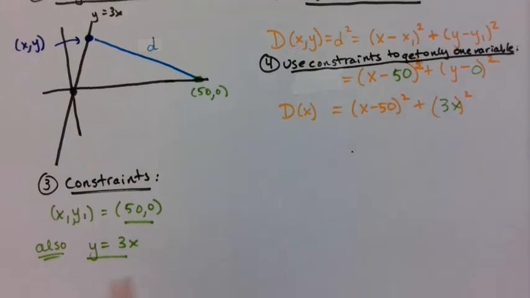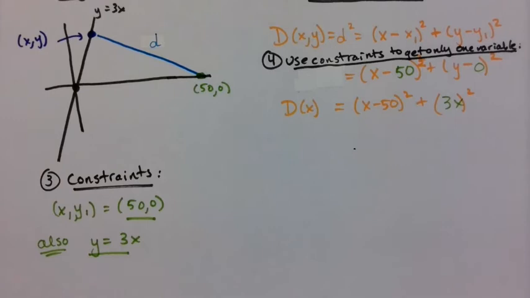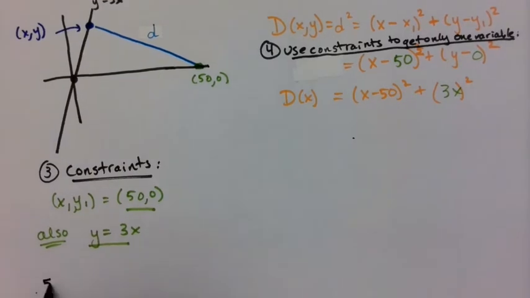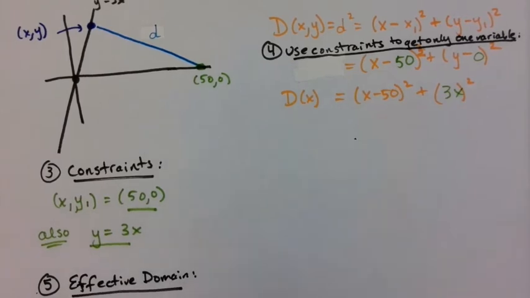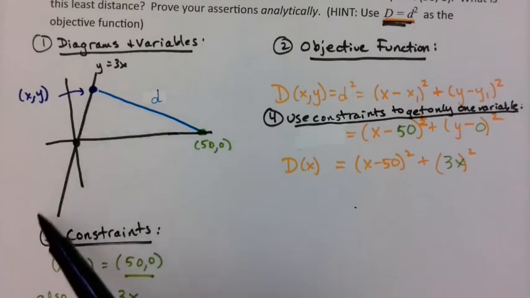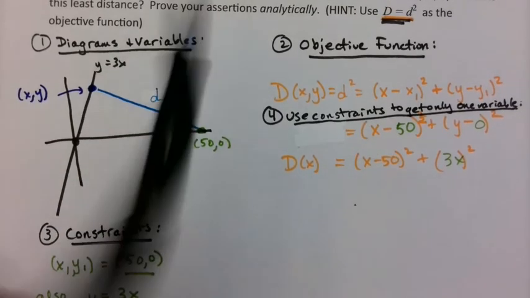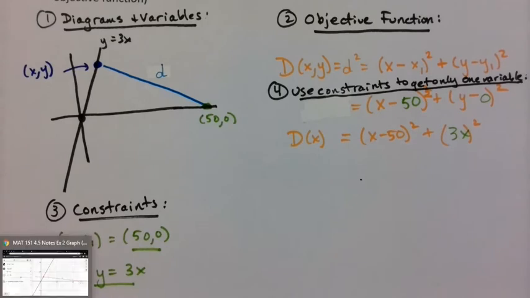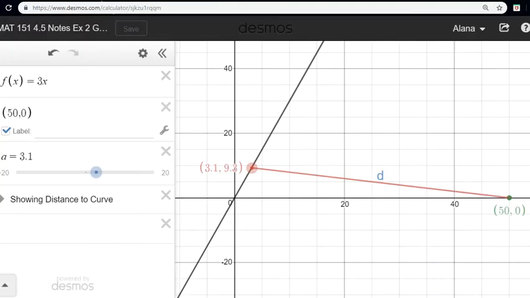So it's your choice. But before I go off and do that, I don't want to forget my effective domain. So I want to look at the x values and think, how am I restricted? And the answer is you're not, right? You can actually let x go from negative infinity to positive infinity. You can let it ride along this line. As a matter of fact, I have a graph pre-drawn for you so you can see it.